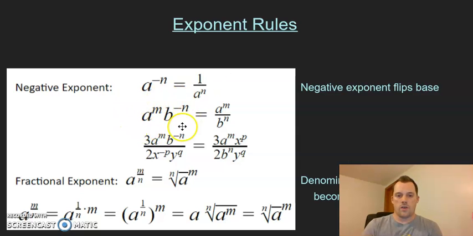If we have another example here, well, it's just the b base that has a negative exponent, so the a to the m power stays put. It's just the b that gets flipped and put underneath. The negatives get really tricky when we've got a lot of different terms in there, or variables and coefficients. So another example here, we see the 3 is totally fine.